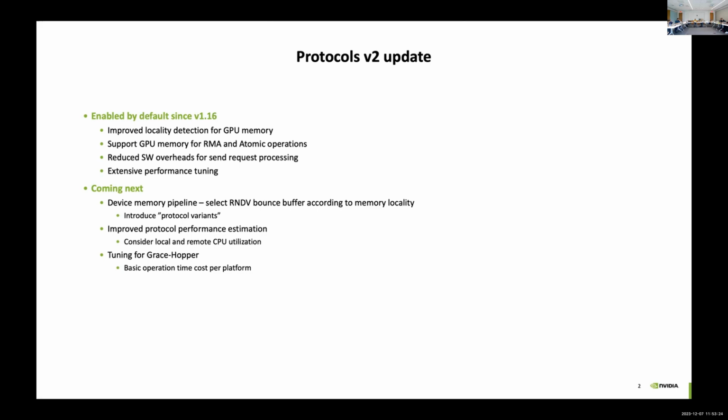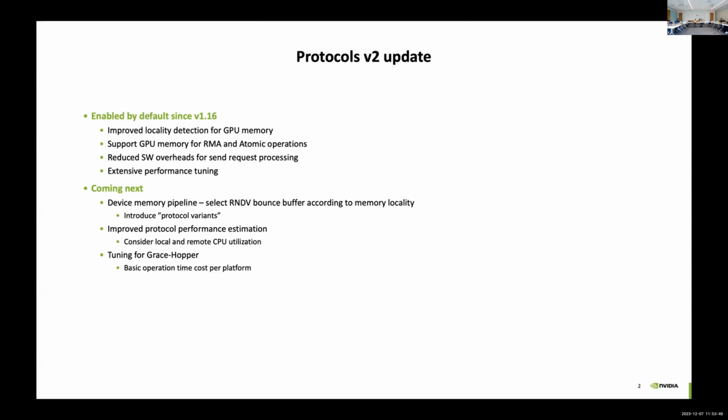Specifically, the rendezvous pipeline protocol could create several instances of itself with different candidates for buffers. And then the common logic that selects the best performance protocol would compare the estimated performance with device memory versus host memory, and would be able to select the best one.